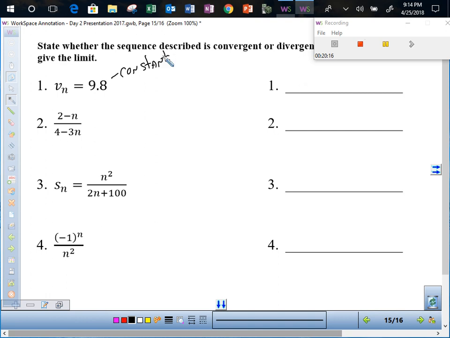So my number 1, this sequence converges. The first term is 9.8, the second term is 9.8, the third term is 9.8. So I'm going to say that the limit is 9.8 because that's all it is ever.